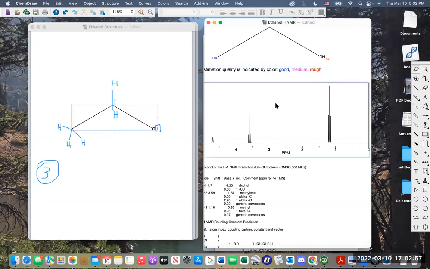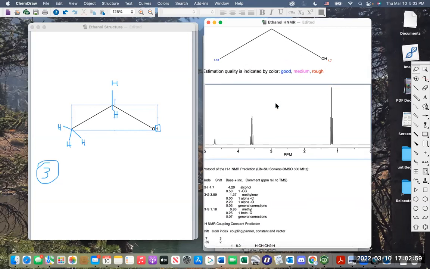To rephrase that a little bit, a signal won't split if there's only one proton, like this signal, for example, and the two protons cannot be exactly equivalent.